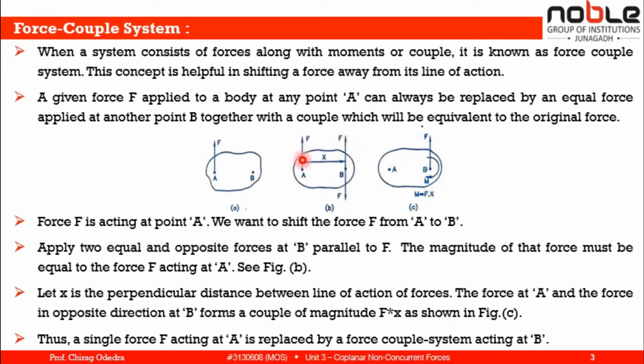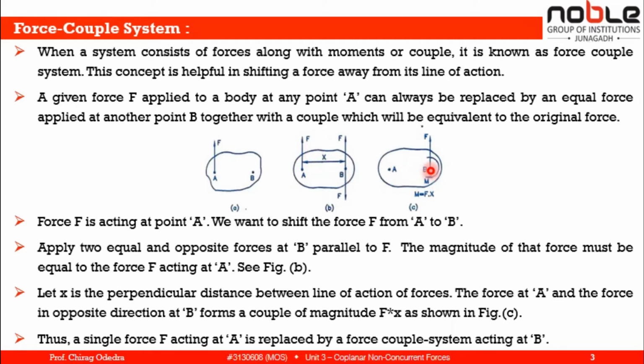Let us just talk about upward force at point A and a downward force at point B. So this F upward, this F downward, forms a couple and the distance between them is x. So then the moment of couple, as we have discussed in our last video, is equal to force into arm of couple. Here arm of couple is x. So the moment due to the couple is F into x.